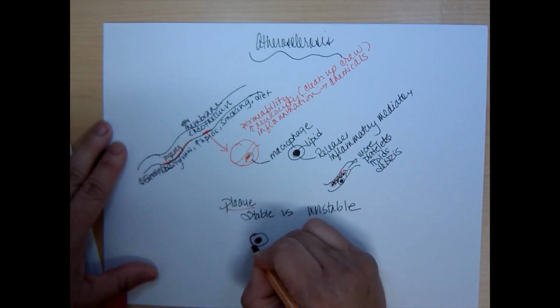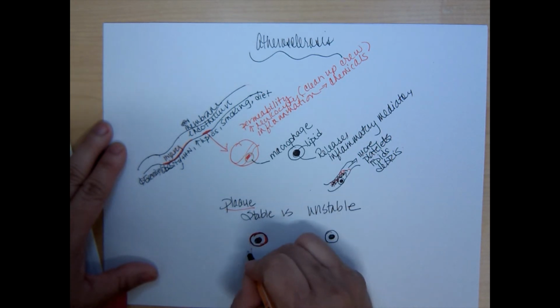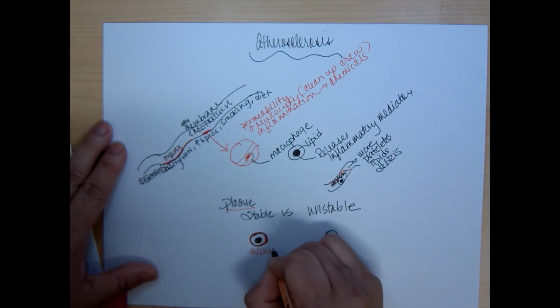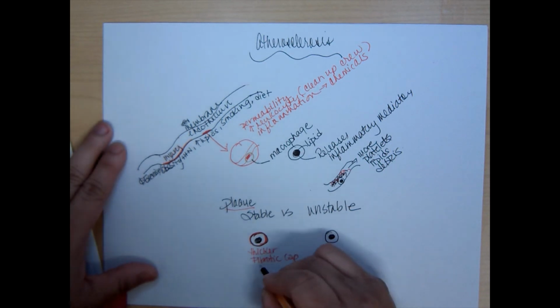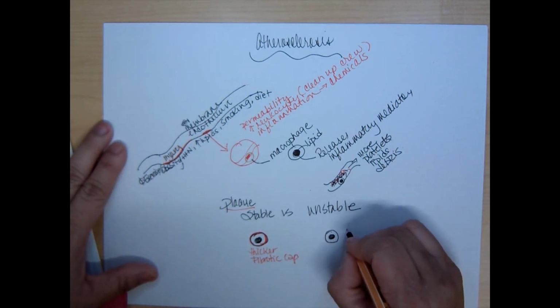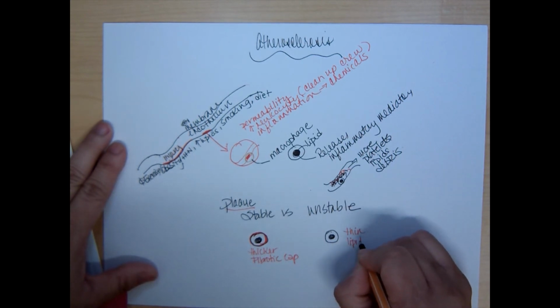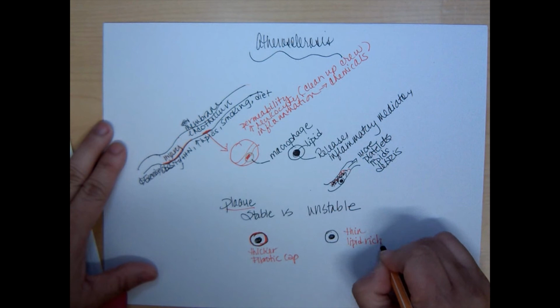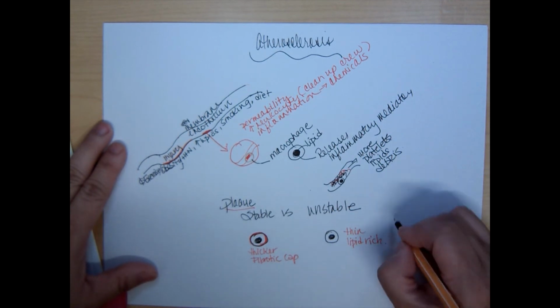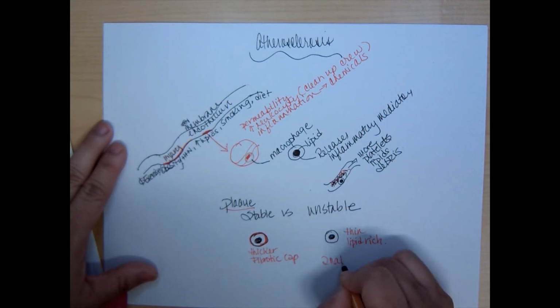Think about it this way. You have a thicker, fibrotic cap on the outside. This one, the unstable, is thin and lipid rich. Think of the analogy of a pimple.